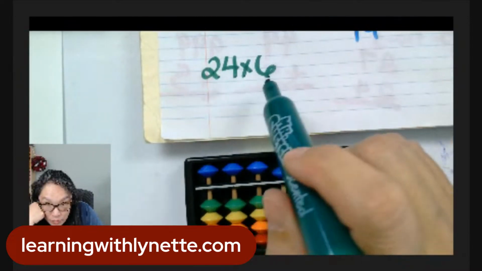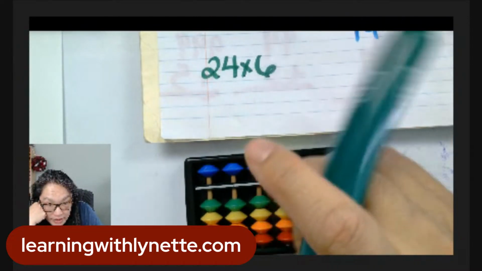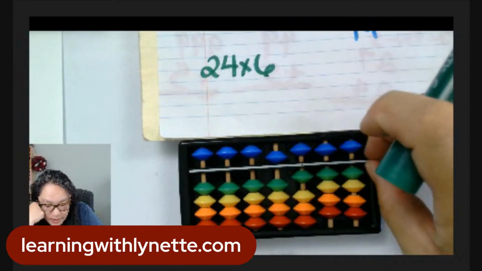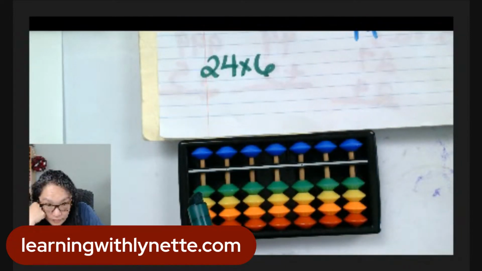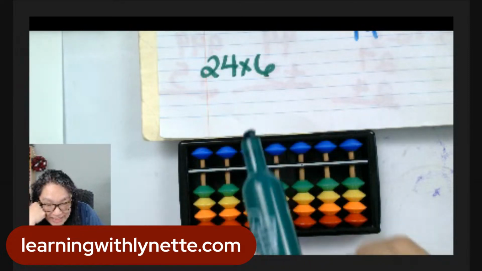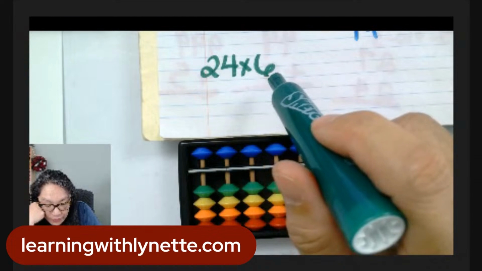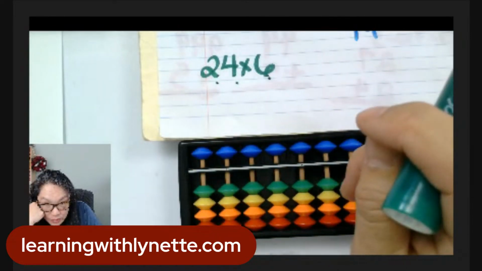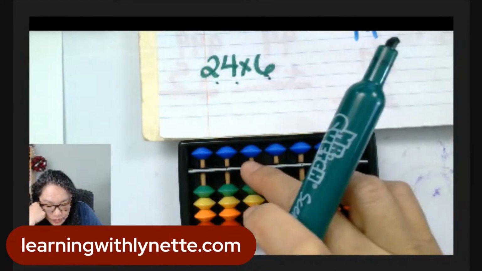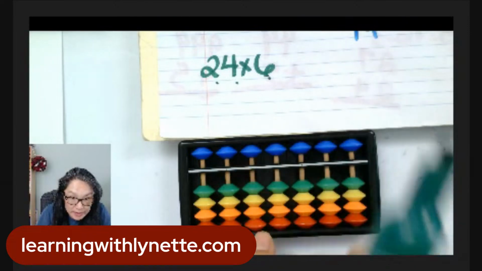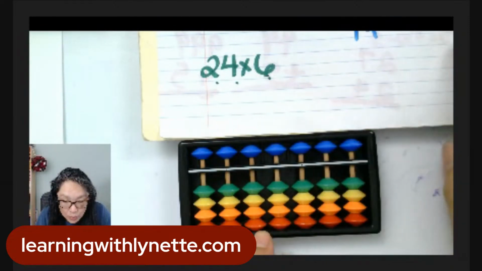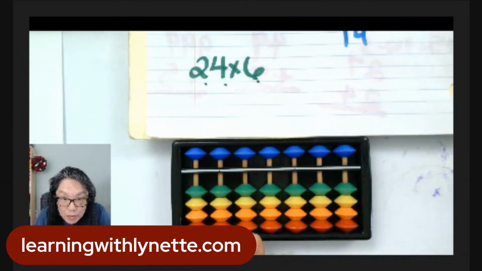So when we do this, we need to know our digits, right? We need to count our digits to know where we're going to land. The reason why is so then we have our answer. So 1, 2, 3 is where we're going to put our answer. 1, 2, 3. So we're going to be at the hundreds place. Because we're at the hundreds place, all we have to do is multiply it out.